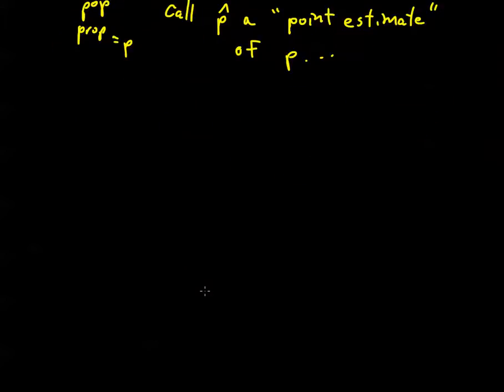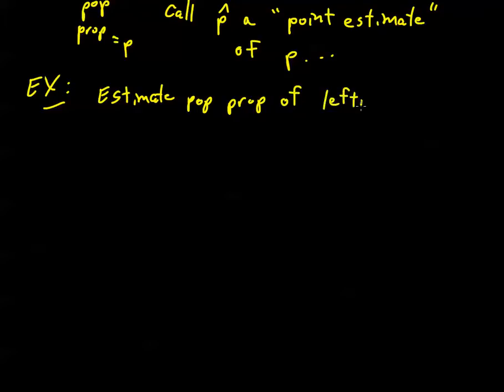Let's take a look at an example. This is not a book example, one I cooked up here. Let's say I want to estimate the population proportion of left-handers worldwide.